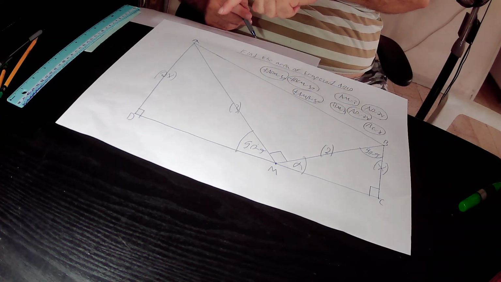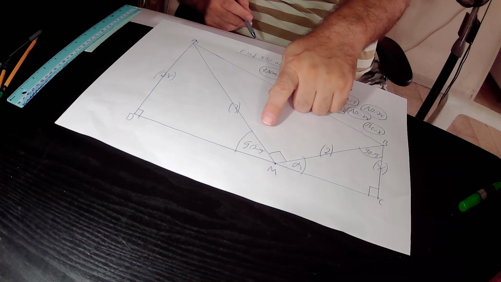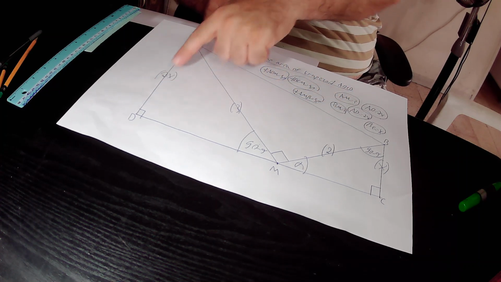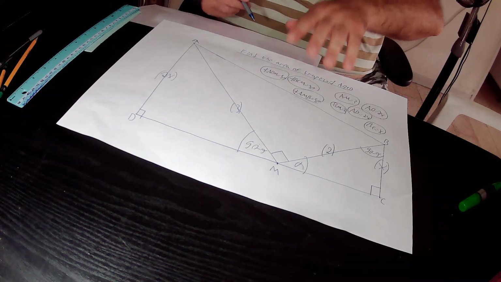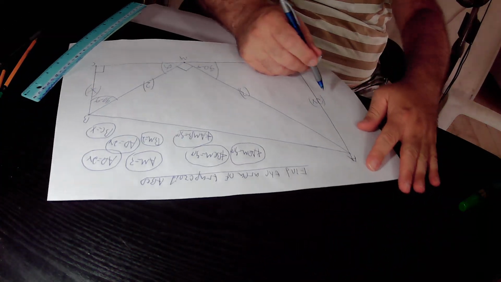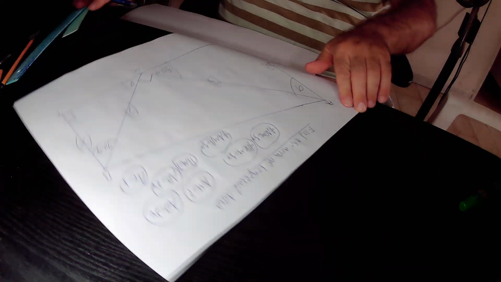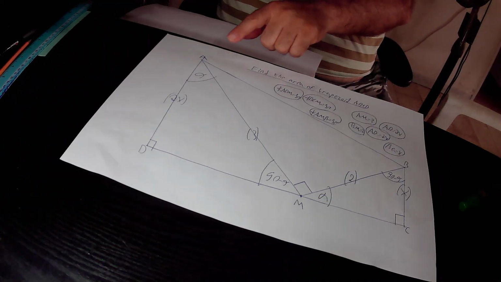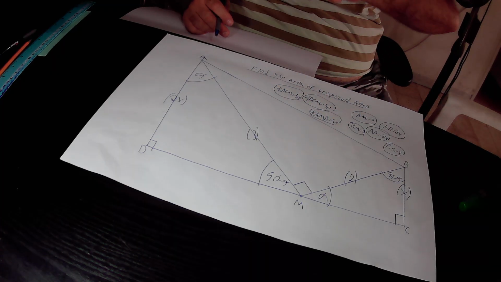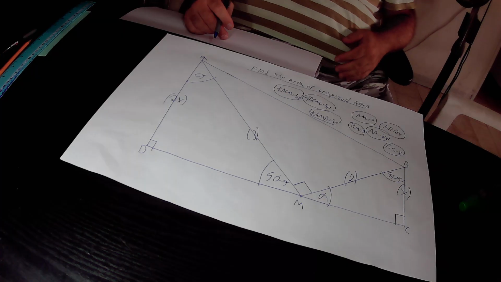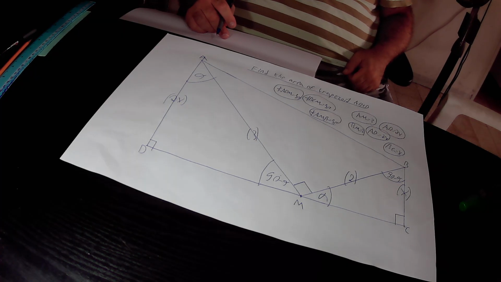In the big right triangle ADM, this angle equals 90 degrees minus alpha, this angle equals 90 degrees, therefore this third missing angle must be equal to alpha. Why? Because alpha plus 90 degrees minus alpha is 90 degrees, and 90 degrees plus 90 degrees is equal to 180 degrees. That is the sum of the angles in a triangle.